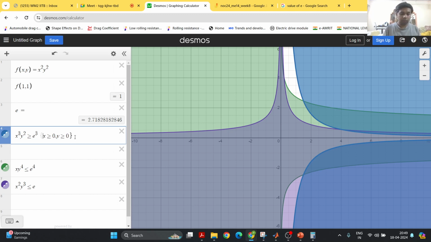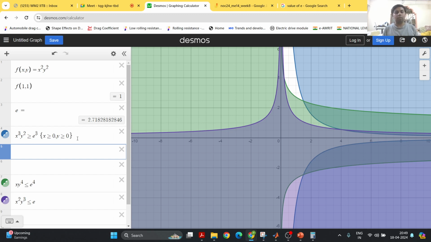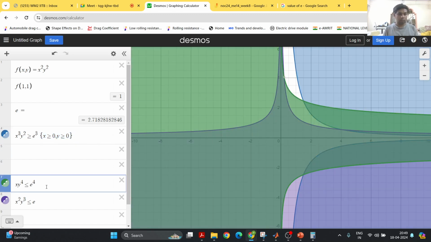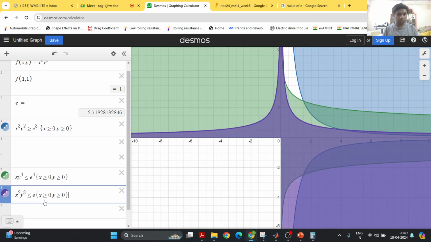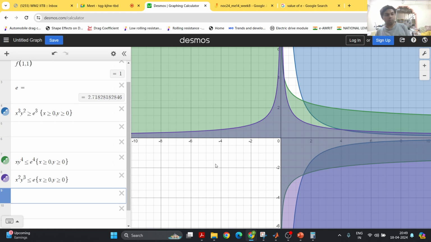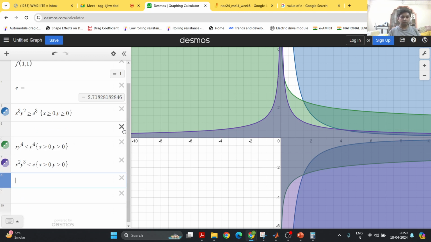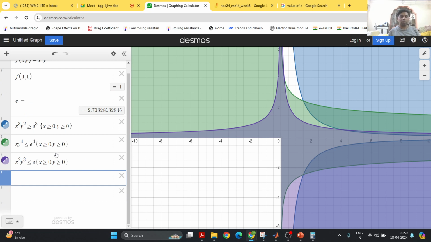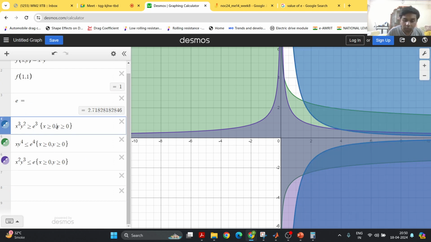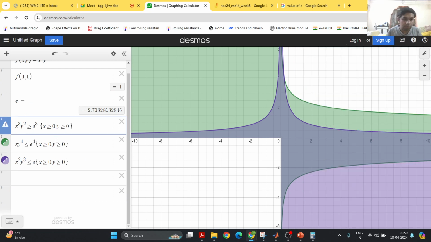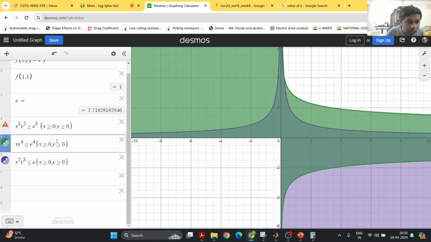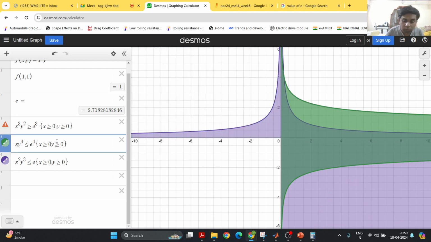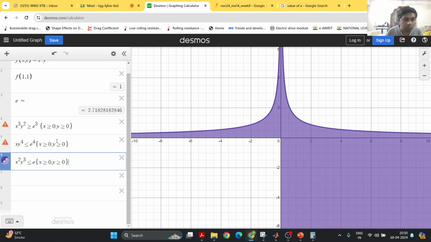Now copy that constraint in all the three equations. But it still has not removed the other quadrants. Maybe instead of a comma, we can try a semicolon. Have you put x and y? It looks like you have put only x. It is a comma.